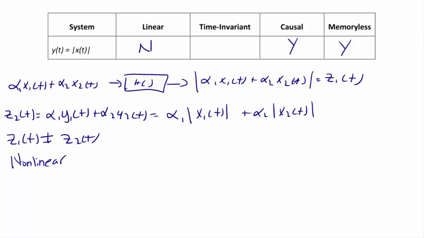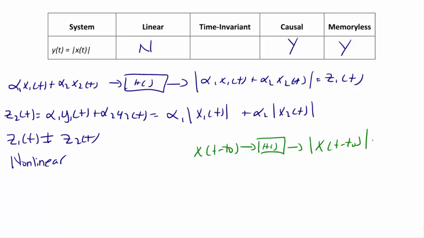And now let's check time invariance. So for time invariance, if the input is x of t minus t naught, and we send that through our system, the output is the absolute value of x of t minus t naught.